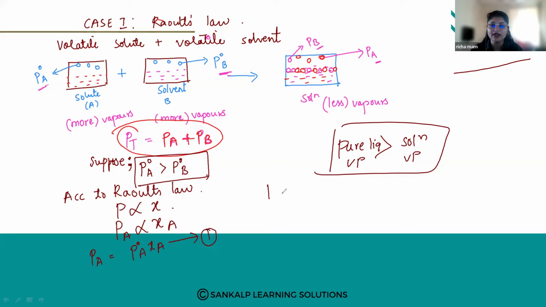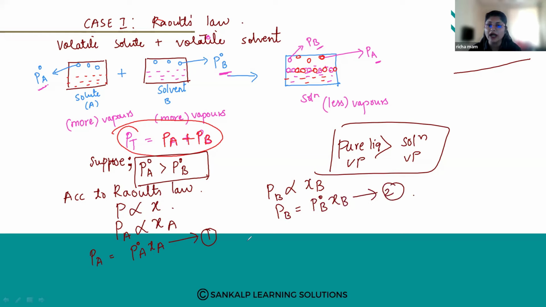Similarly, we have the component B. So partial pressure of B is proportional to chi of B. So if we remove the proportionality sign, this will be equal to P naught of B into chi of B. So these are our two equations.